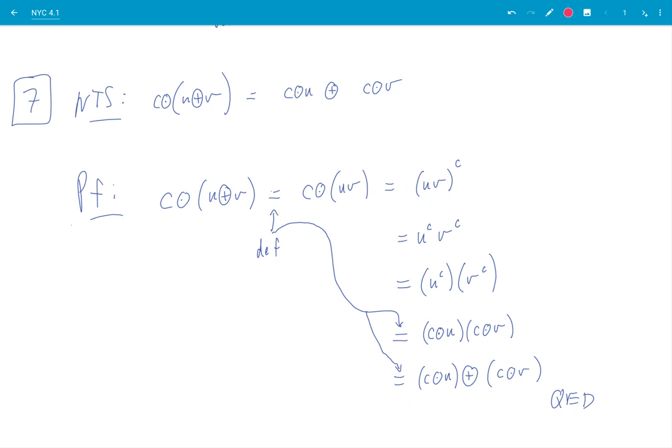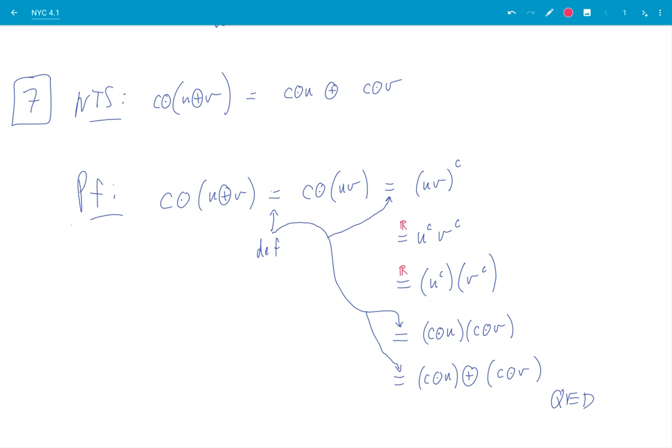Now, what else? Also this equal sign. And the remaining equal signs are just properties of real numbers. So I proved 2 and 7 for you.